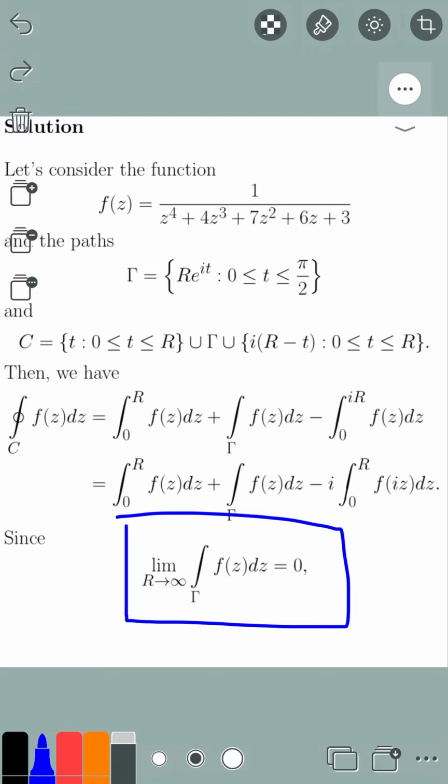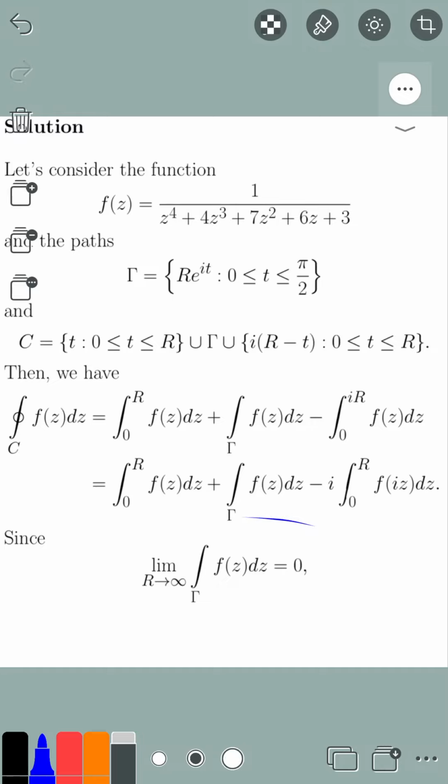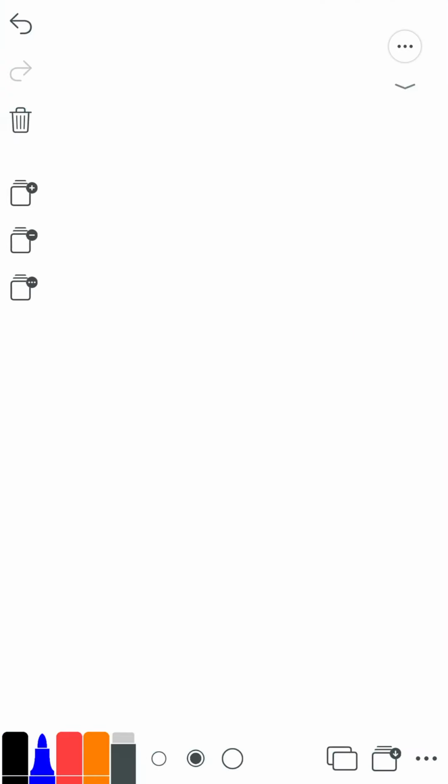And here the degree of the numerator is 0 and the degree of the denominator is 4, so it's way more than just 2 degrees smaller. So that limit is 0. And so taking the limit as R approaches infinity of both sides, this is what we get.